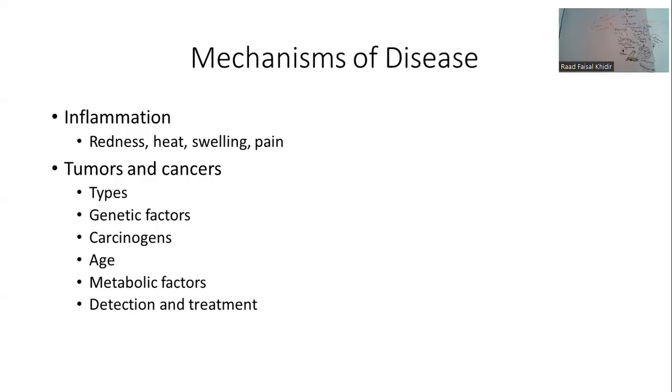There is pain because inflammation is mediated by mediators, known as the mediators of inflammation. These mediators of inflammation irritate the nerve endings. And when they irritate the nerve endings, you feel pain. That's why with inflammation, there's a lot of pain.